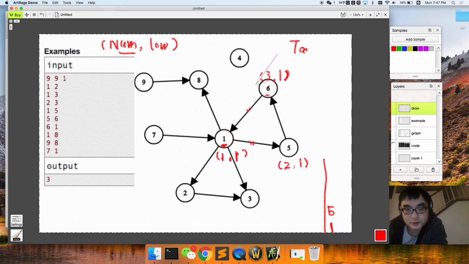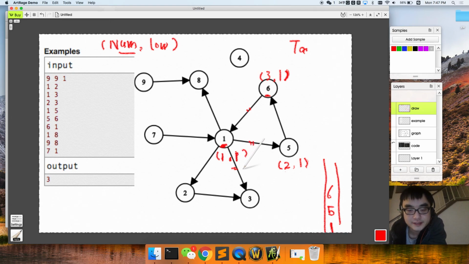Before that, when we visited node 6, we forgot to put this node into the stack. So we put it in, right? And then backtrack to node 1. For node 1, we keep depth first search.